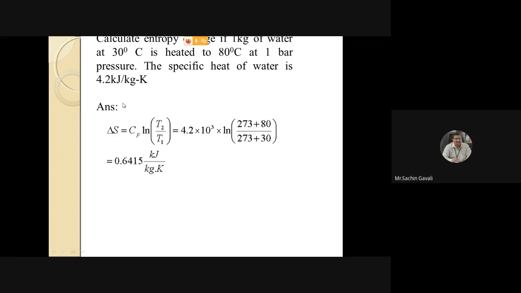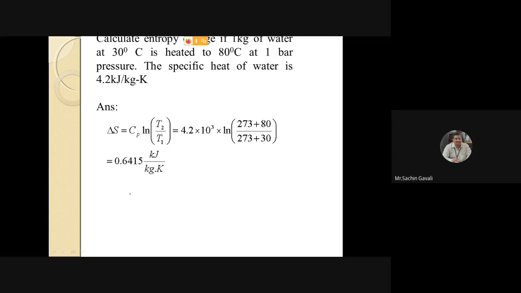The specific heat of water means at constant pressure. As they have given 4.2, it means it is specific heat at constant pressure, so pressure is remaining constant. Now at constant pressure we have to calculate the entropy change. What are the formulae at constant pressure?